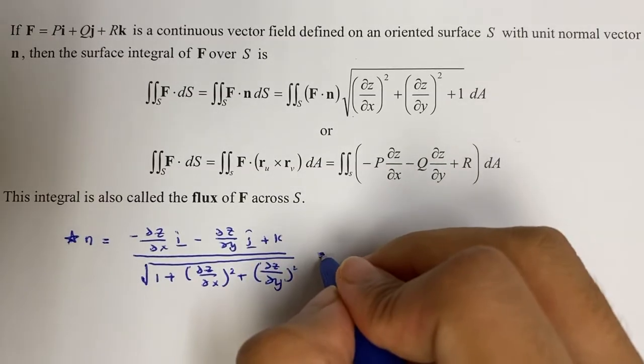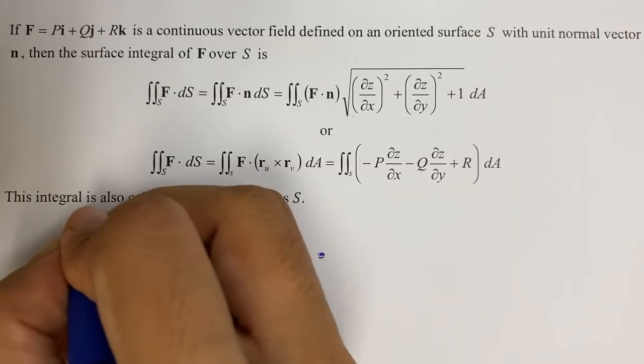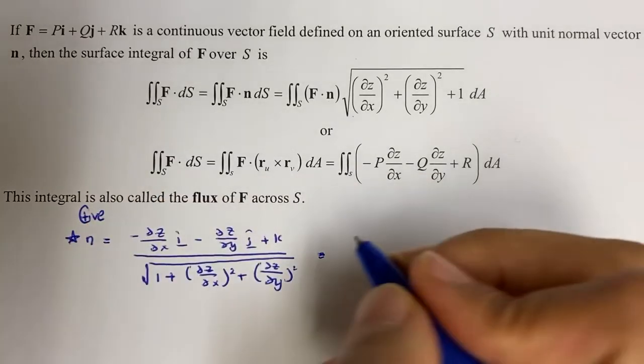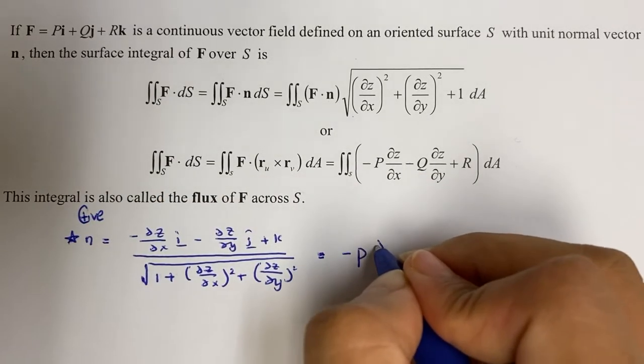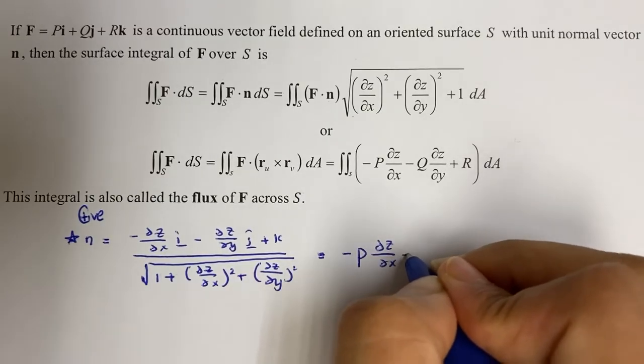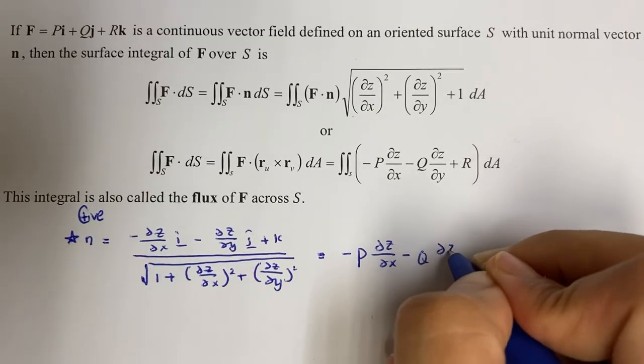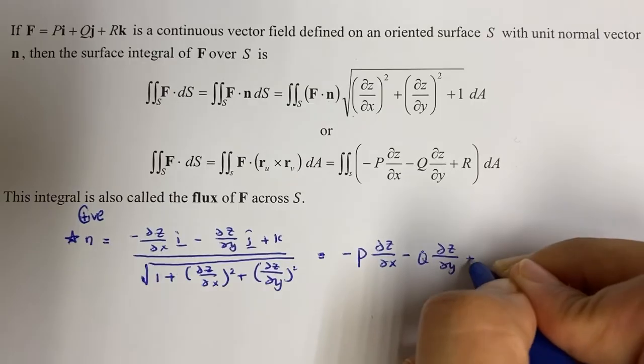So this one is for the positive n. This gives you the negative P del z over del x minus Q del z over del y plus R.